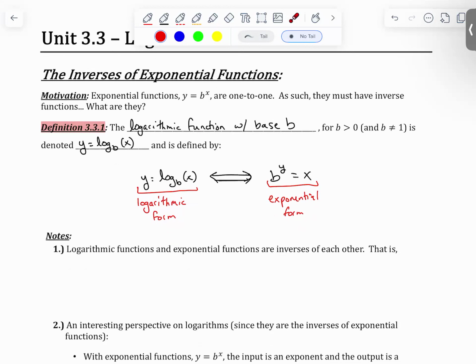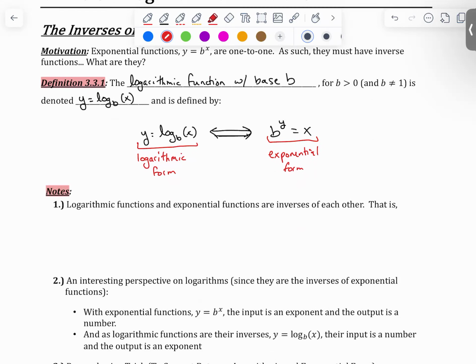So the note, therefore, is that by definition, logarithmic functions and exponential functions are inverses of each other. That is to say that if you compose them, you get something like b to the log base b of x, and that would just be x.